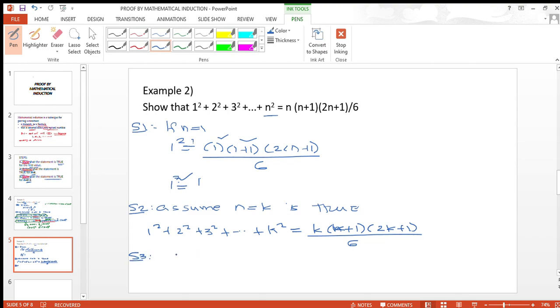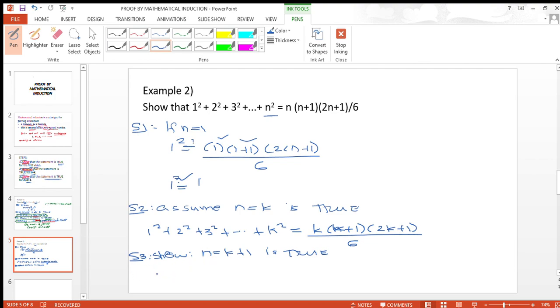And step 3. In step 3, this is where we will be showing something. So what will we show here? Show that if n is equal to k plus 1, this must be true.